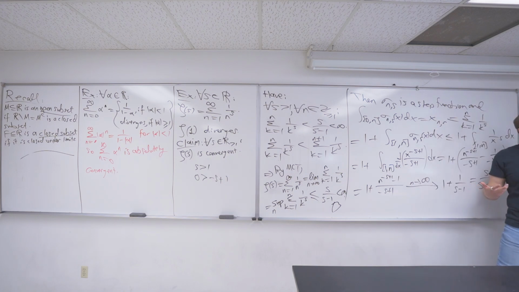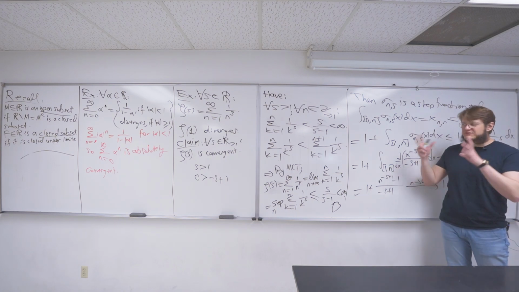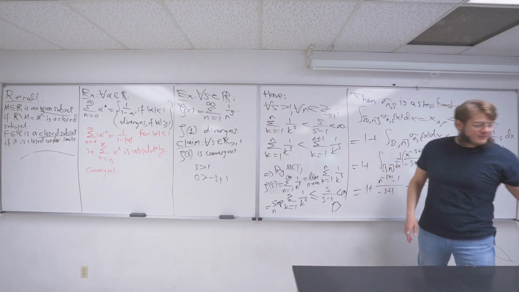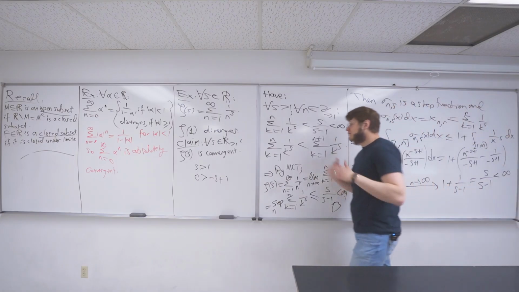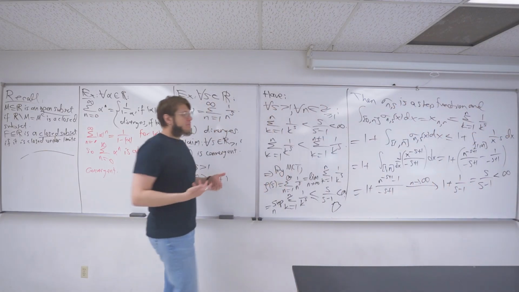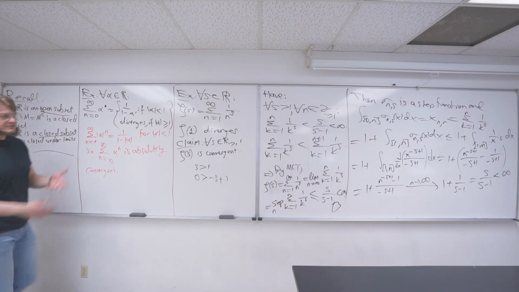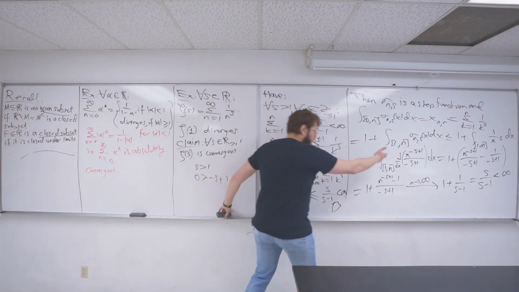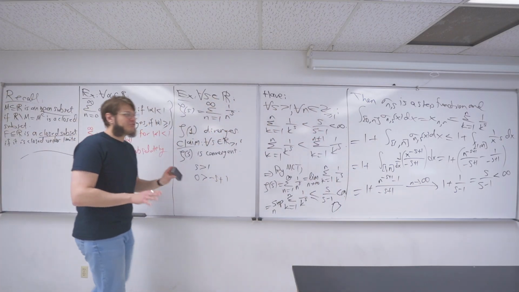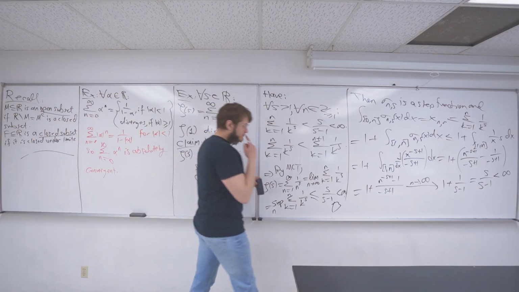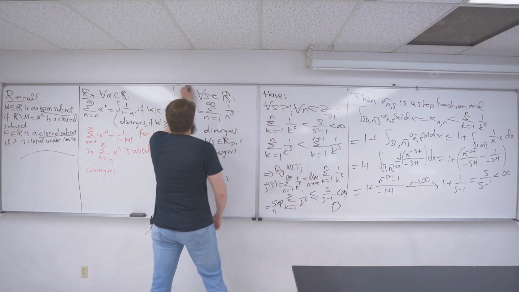That's an improper integral. Some of this improper integral theory is in the textbook, so I decided not to spend that much time. It's a beautiful subject, whether or not certain improper integrals converge or diverge. We don't really need to talk about improper integrals for most purposes, but we could if you wanted.